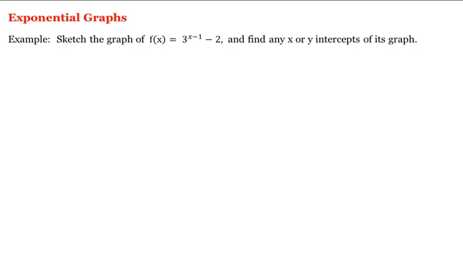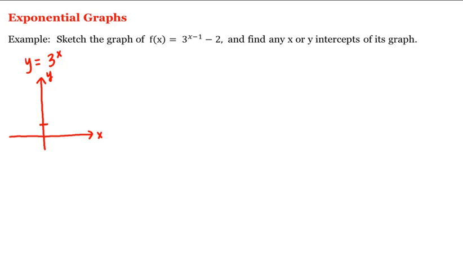Let's start by sketching y is equal to 3 to the x. So if this is the y-axis, and this is the x-axis, what does y equal 3 to the x look like?